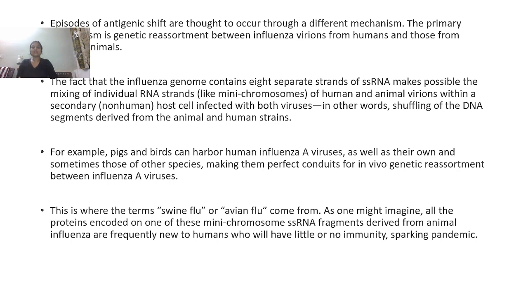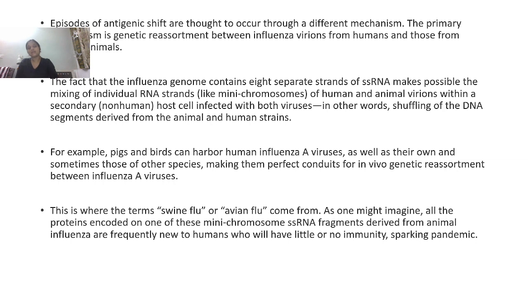Within a secondary host cell infected with both viruses, there is shuffling of the RNA segments derived from the animal and human viruses. For example, pigs and birds can harbor human influenza viruses as well as their own, and sometimes other species. As I have already shown you in that picture, there can be a mixture.